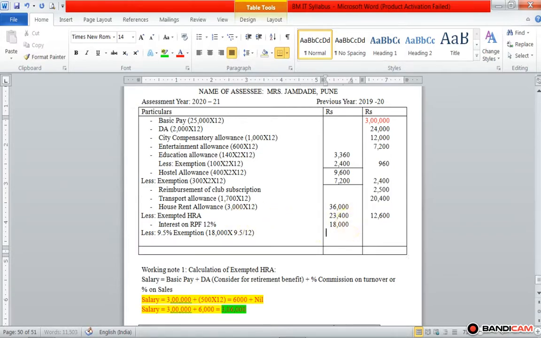So the exempted interest amounts to rupees 14,250. The remaining balance is taxable, that is 3,750.